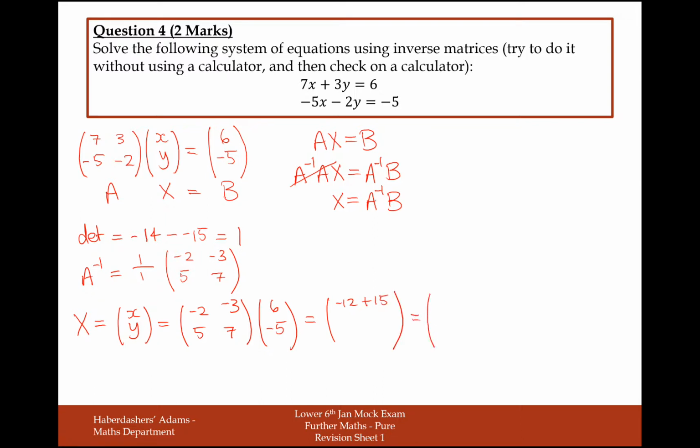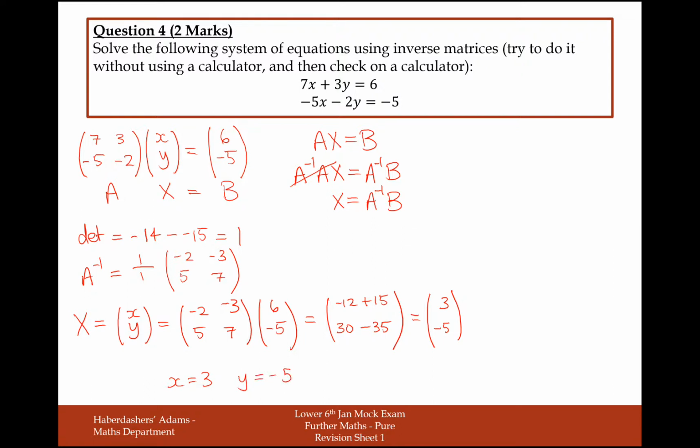That will give me a first answer of 3, so my letter x is the number 3. And for the bottom one, 5 times 6 is 30. Add 7 times minus 5 is minus 35. Simplifying this, I'll get a minus 5. So my bottom value, y, corresponds to the minus 5 here. So y equals minus 5.